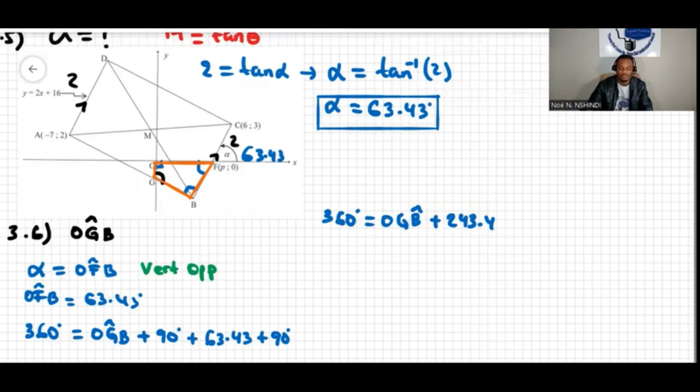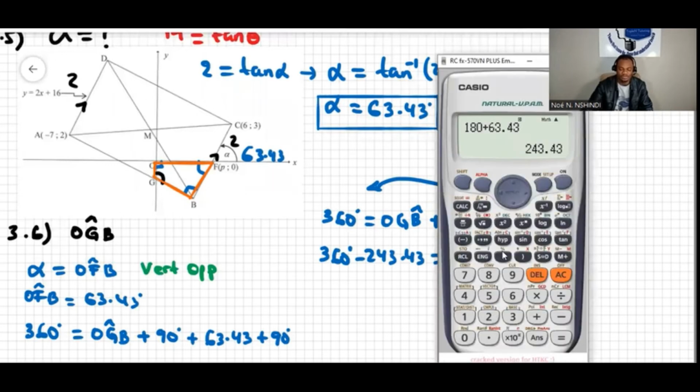So OGB, if I move this number over, that makes 360 degrees minus 243.43 equal to OGB. If we subtract 243.43 from that, we will get positive 116.57.